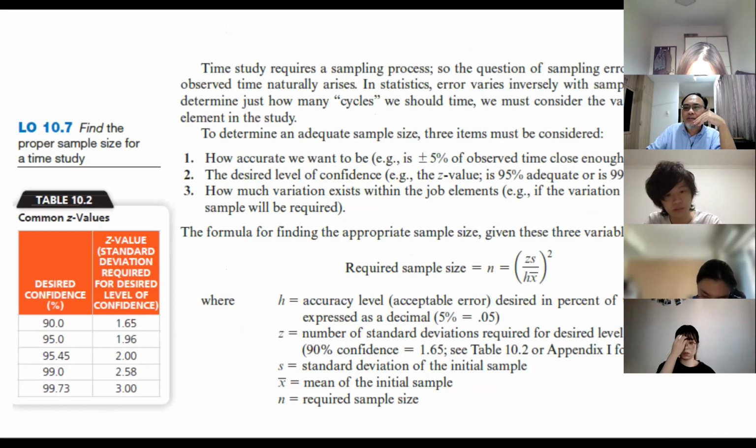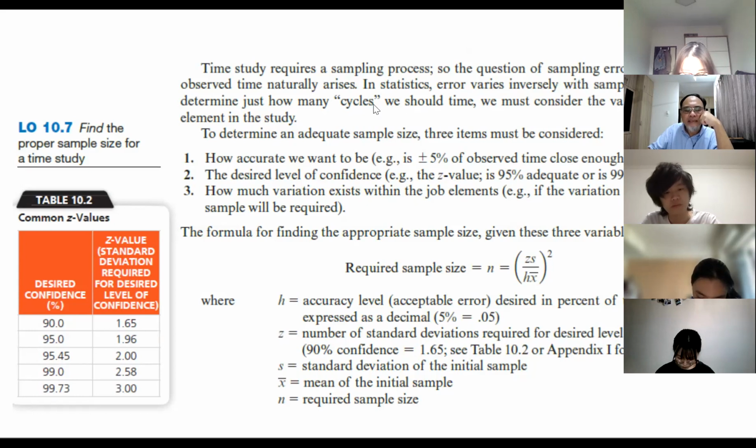Okay, I also need to describe to you about the sampling process. Because in time study, there is the question of sampling error. The average observed time has errors involved.